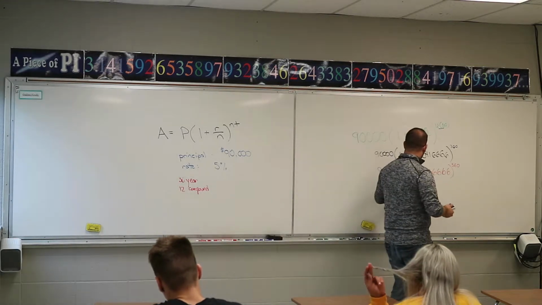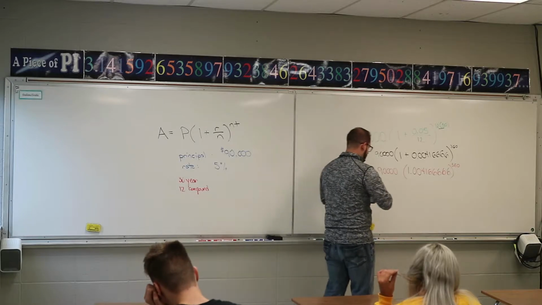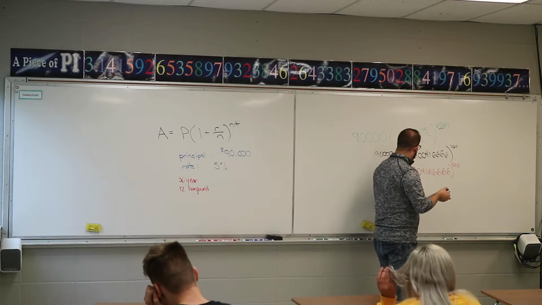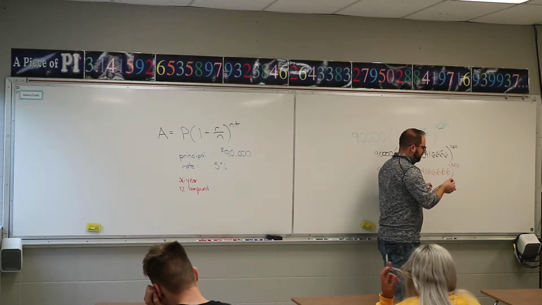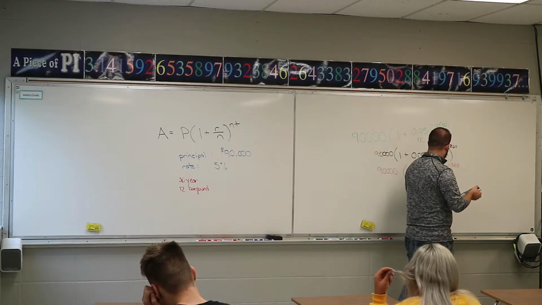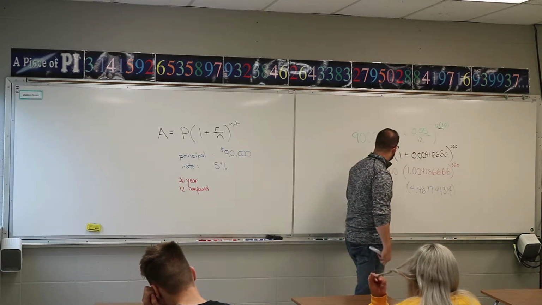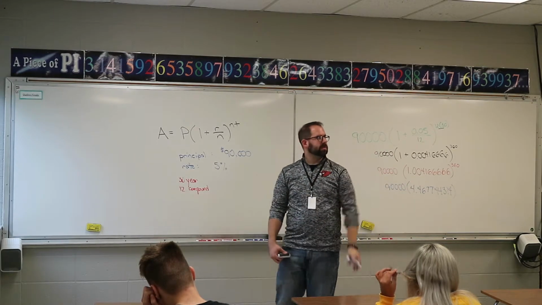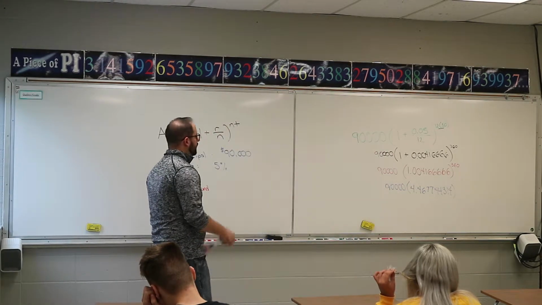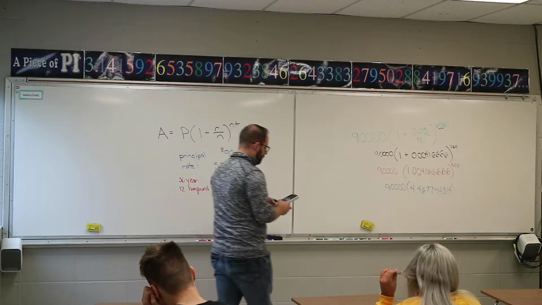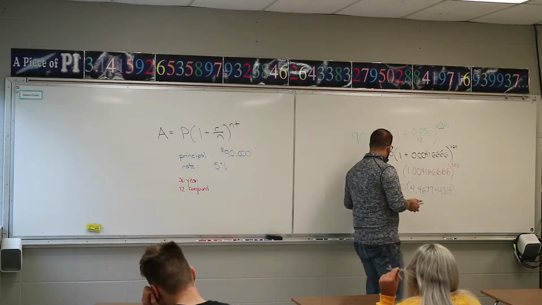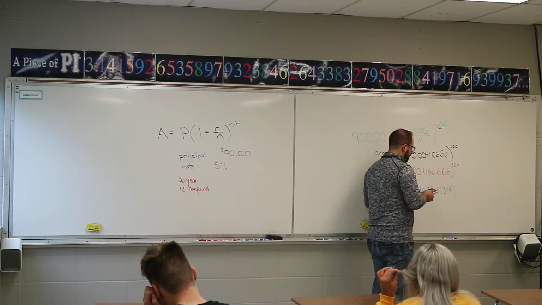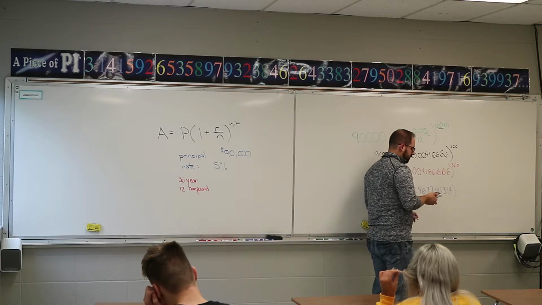So this number turns out to be, when I put it to the 360th power, 4.467744314, and yes, I'm using as many decimal places as possible. That's putting that 1.00416666 to the 360th power, and then I take it times 90,000, and I get $402,096.99, rounded.